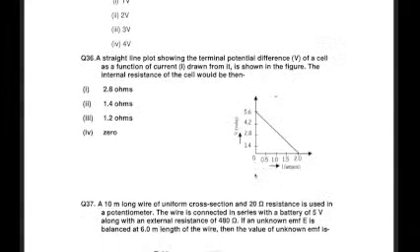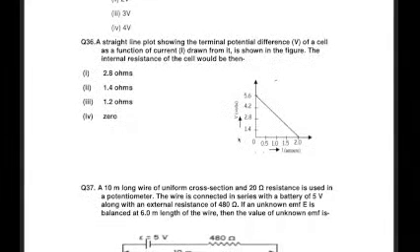Here they give current 0, 0.5, 1.0, 1.5, 2.0 ampere and voltage 1.4, 2.8, 4.2, 5.6 volts. Correct. The answer is 1, 2.8 ohms.